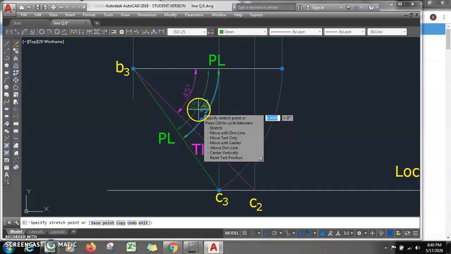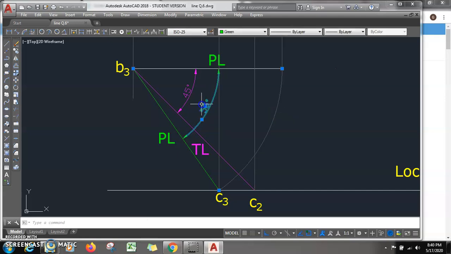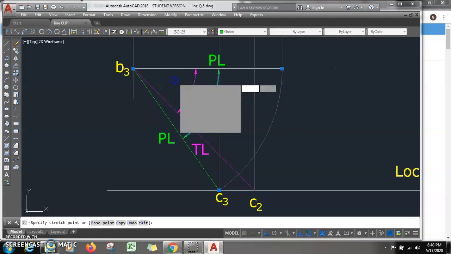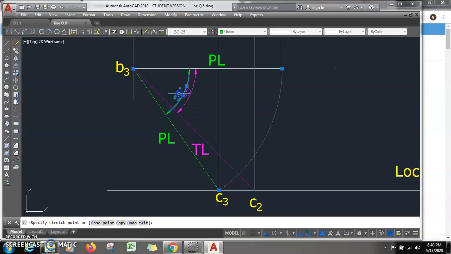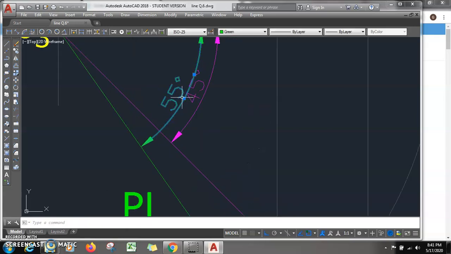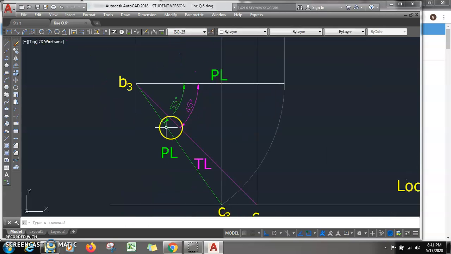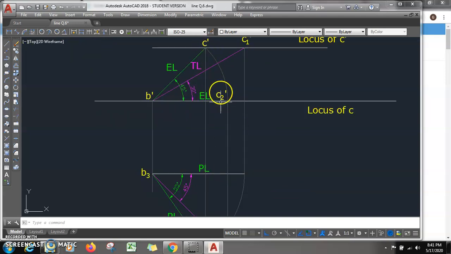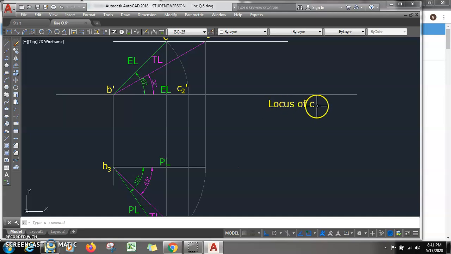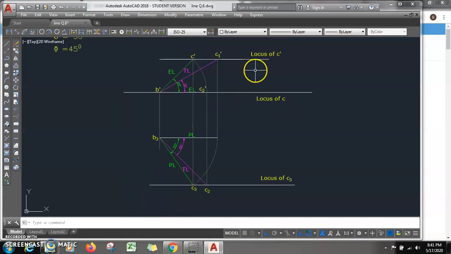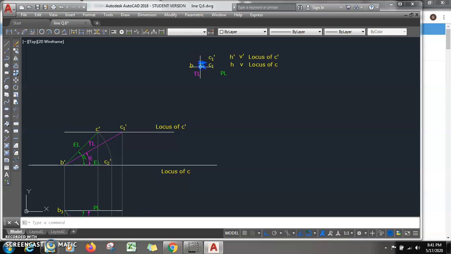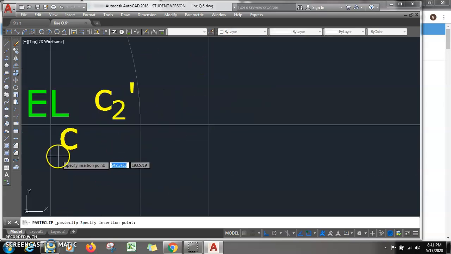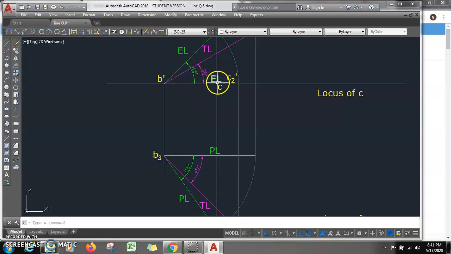This angle I can show here. So we know C dash and C lie on the same line, so we know the locus of C is the xy line. So the final location of point C is here. This is the final location, and we know B is going to lie on this line.